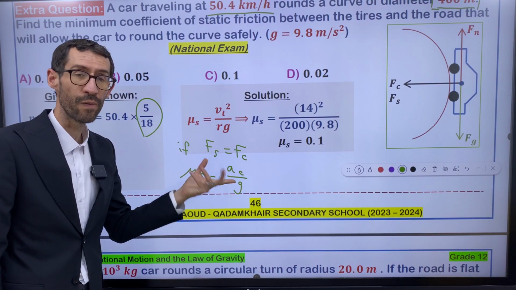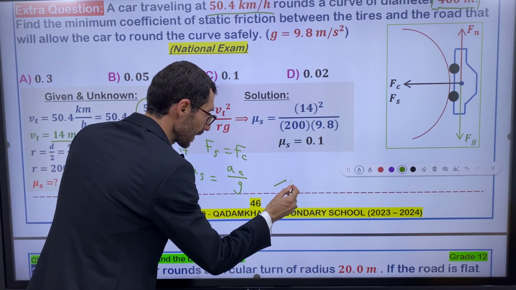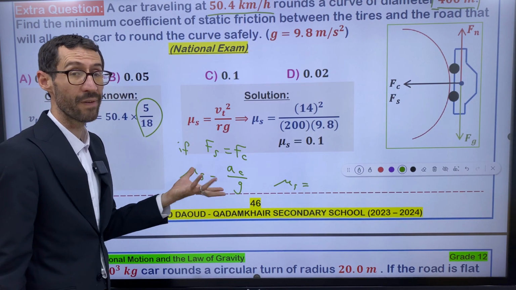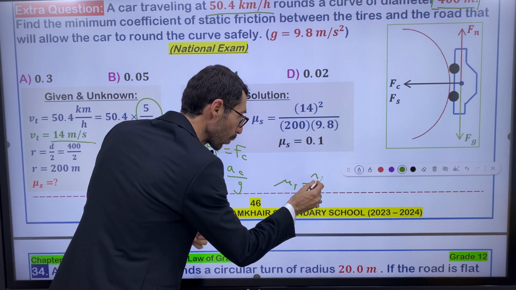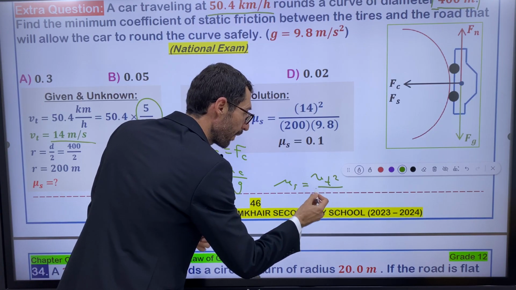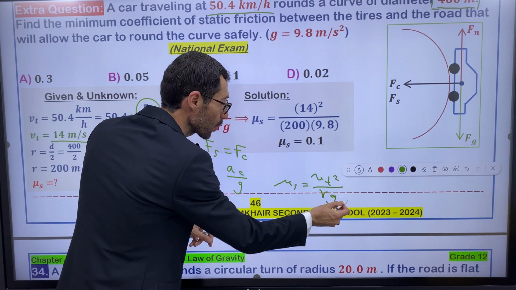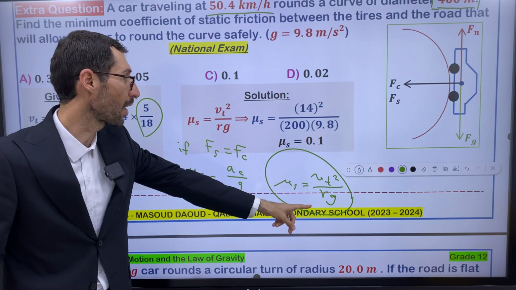Write the value of AC. So I can say mu s is equal to AC. Where does AC come from? It comes from this equation, Vt squared over R, right? And we have G in the denominator. That's why mu s is equal to Vt squared over Rg.